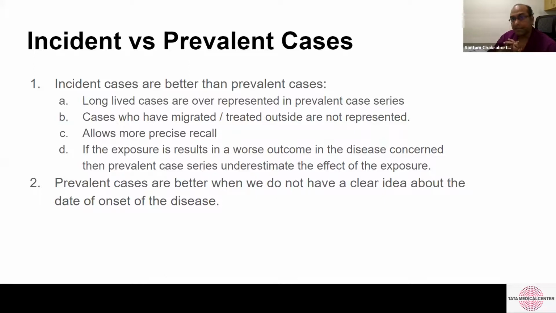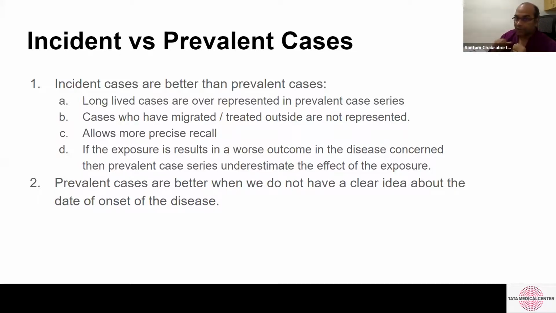Now, why is it important to take incident cases? Because prevalent cases by themselves have an implicit assumption of survival. Whenever you are taking prevalent cases, it means that they have survived for a given duration of time in order to become prevalent. Next, cases who have migrated or treated outside are not represented.